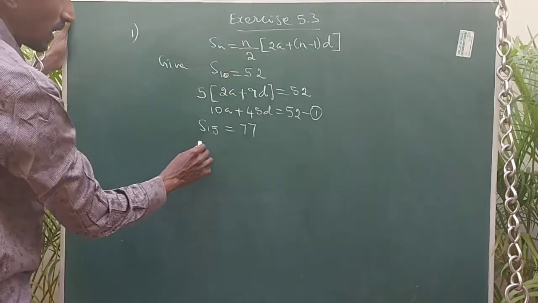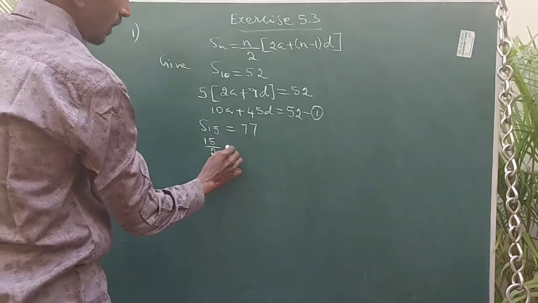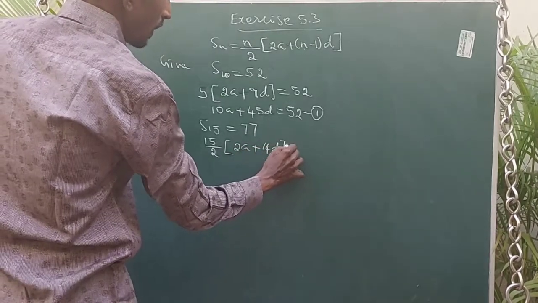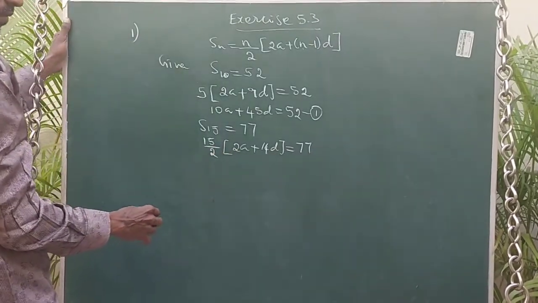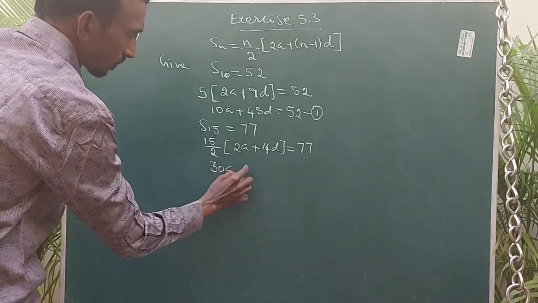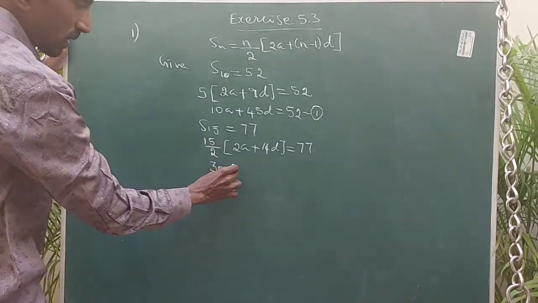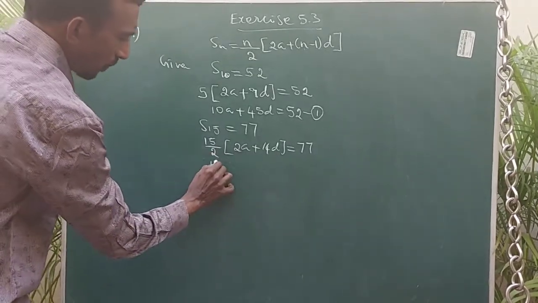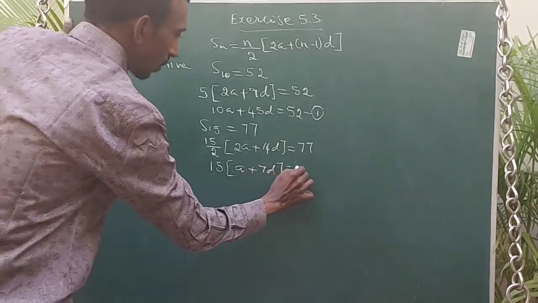So put n equal to 15 here. What we get? 15 by 2 into 2a plus 14d equal to 77. So first cancel by 2. 15 into, if you divide by 2, what we get? a plus 7d equal to 77.